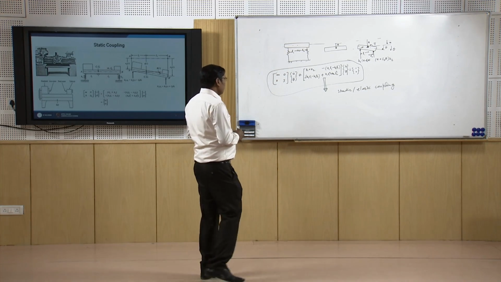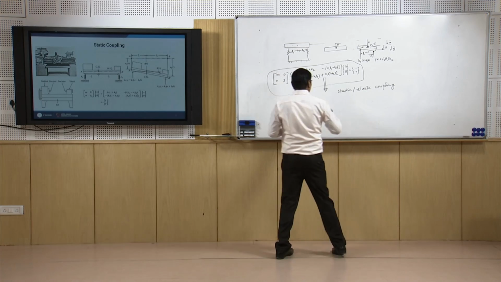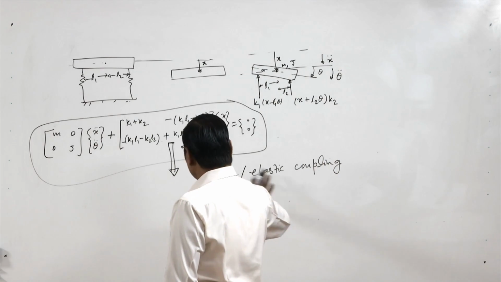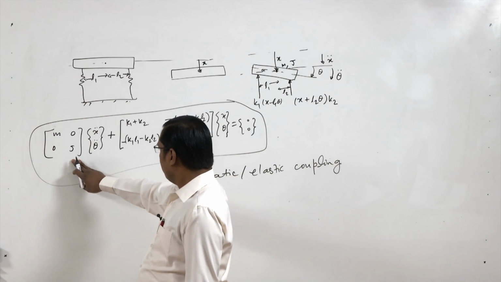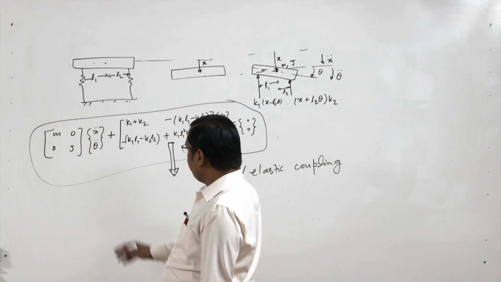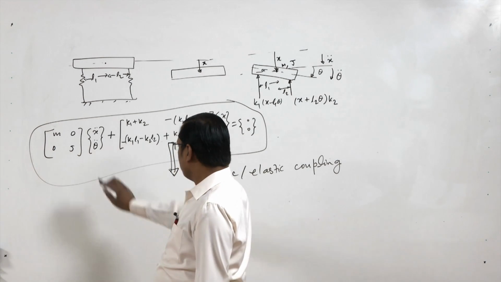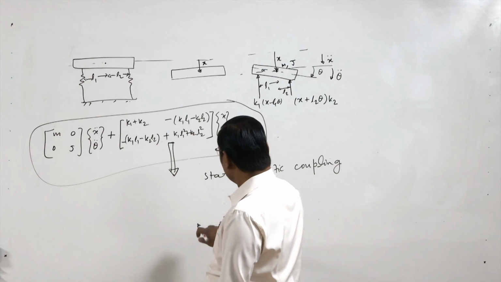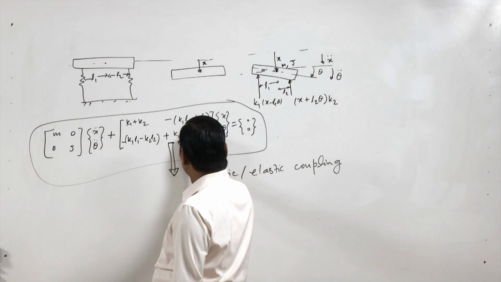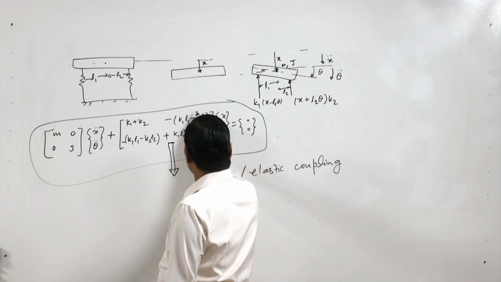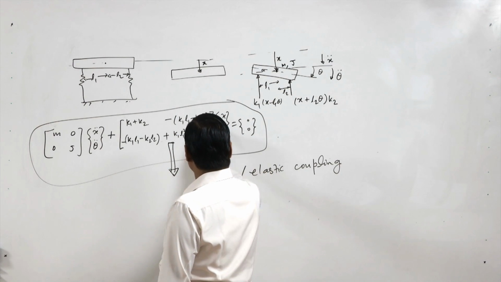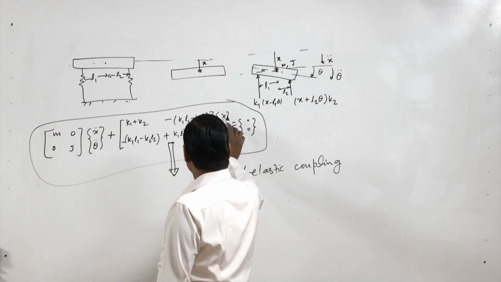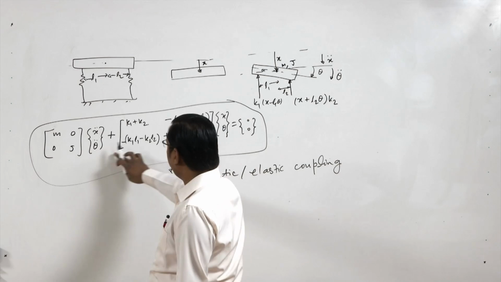But this system is only static coupling, not dynamic coupling. There is no coupling of the acceleration terms. However, if we want to uncouple this system, we have to make these terms 0, because then the theta component will be 0 in equation 1 and the x component will be 0 in the theta equation.